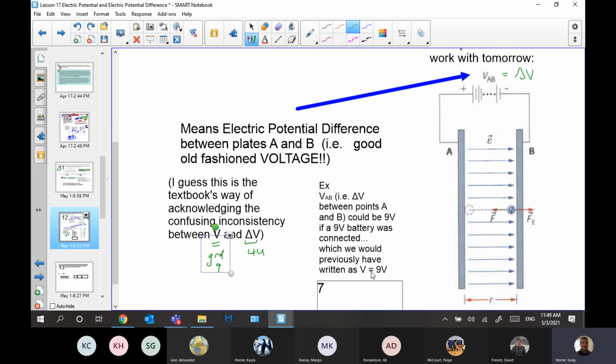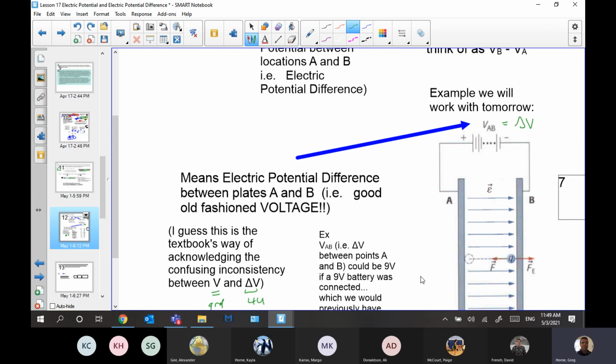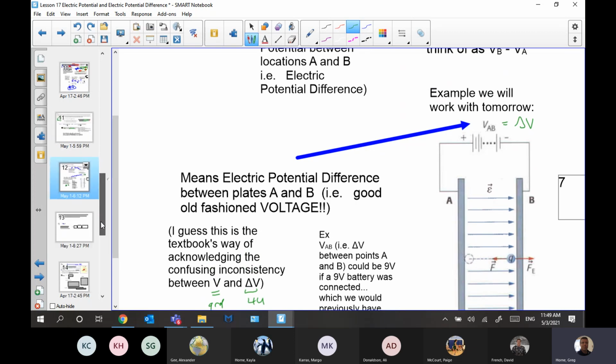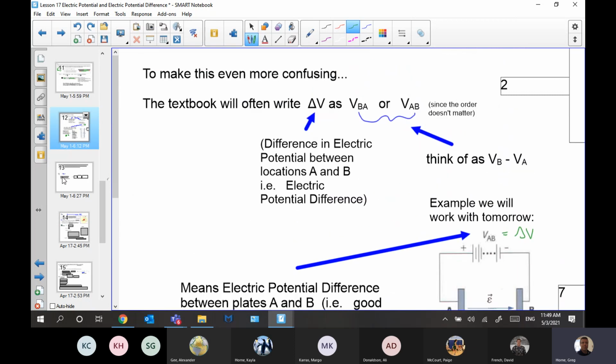So a 9-volt battery previously would have been written as just V equals 9V, but now we're going to say like VAB or delta V equals 9 volts, okay? Which obviously we did refer to as potential difference. So everything is consistent, just hidden almost, right? It's hidden that this is a delta in grade 12, I should say.